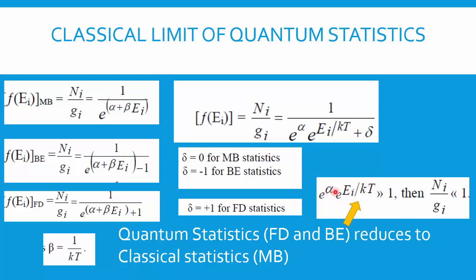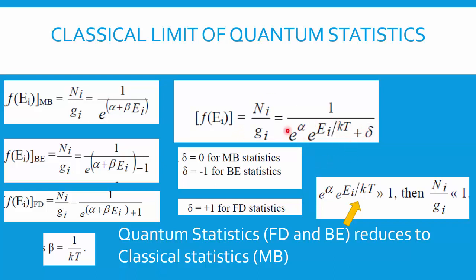Alpha is a constant in every statistics, but if you observe the value of alpha carefully, it is inversely proportional to temperature. So for any given temperature, because of that, this expression becomes much greater than 1, and so delta can be neglected.